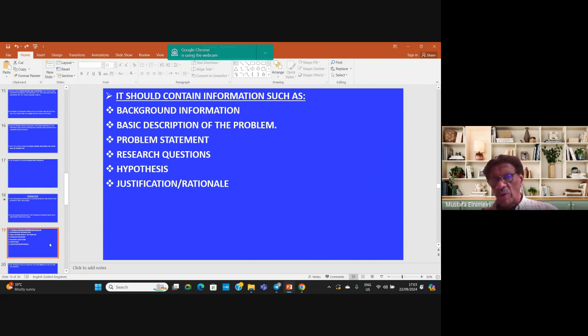For example, if you are talking about multi-drug resistant tuberculosis, then it's important to have background information about multi-drug resistant tuberculosis, the geographical distribution, the determinants that influence the spread and dissemination of multi-drug resistant TB and so on, in addition to a basic description of the problem, what that problem is, and then you go for the problem statement and formulate the research questions, and you state the hypothesis, and then the justification, the rationale at the end of the introduction.